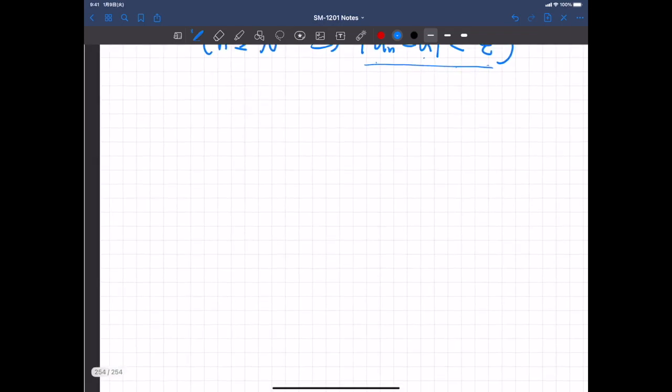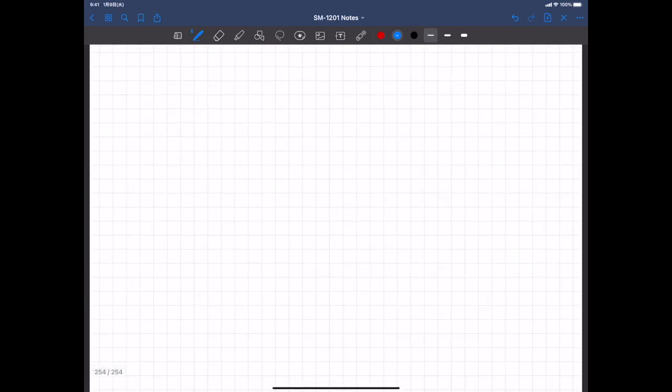Let's see an example. Suppose we have a sequence defined by n over n plus 1, and we can see that this converges to alpha equal to 1.